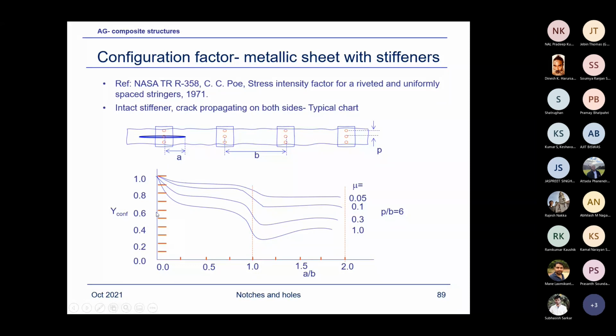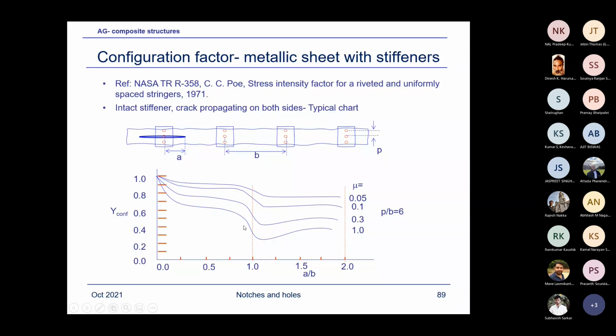Y configuration also depends on how close the crack is approaching the stiffener, because if this stiffener is far away from the crack tip, the effect of the stiffener is negligible. That's what you see here. When A by B is small, that means the stiffener is far away, the configuration factor is close to 1. But when the crack is growing and approaching the stiffener, the configuration factor will keep on dropping.